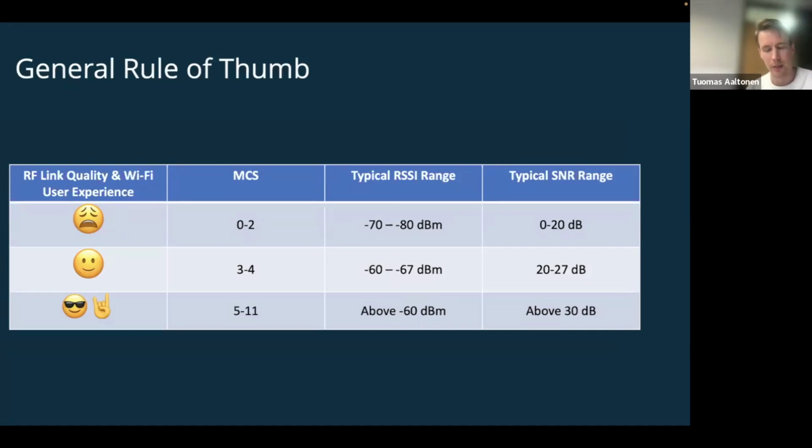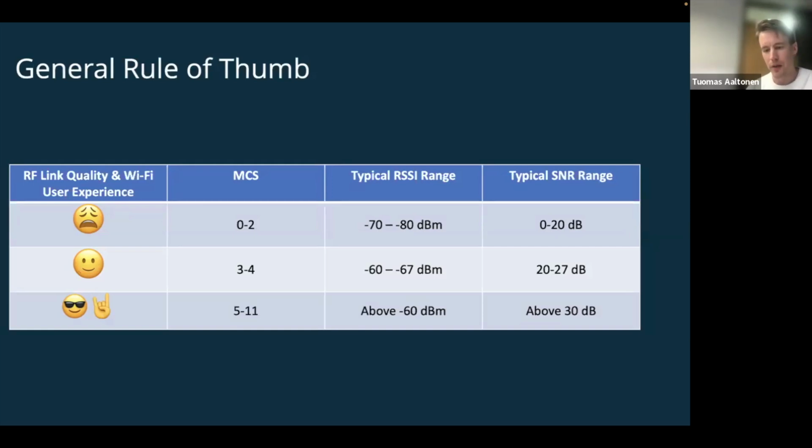Then in the middle, we have a pretty good data rate already. So MCS 3 to 4 are medium level, and the typical RSSI range is -60 to -67 dBm, and then 5 to 11 are those high rates when we have a good and stable link, and typically high RSSI as well.